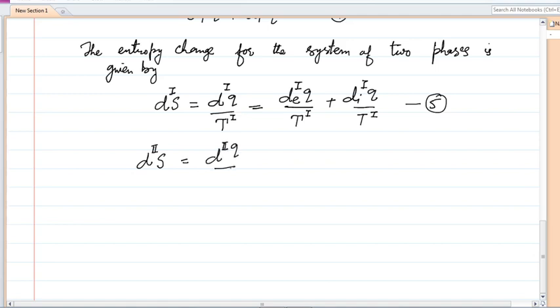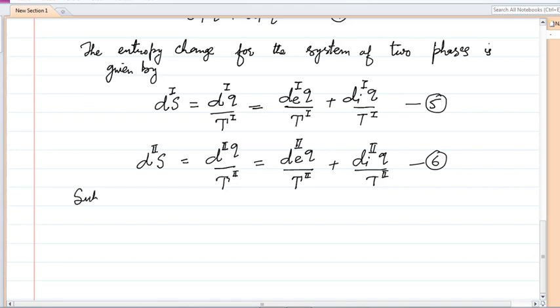Similarly, the change in entropy for the second phase will be equal to dQ second upon T second, which again will be separated into two. That means deQ second upon T second plus diQ second upon T second. So this is equation 6.